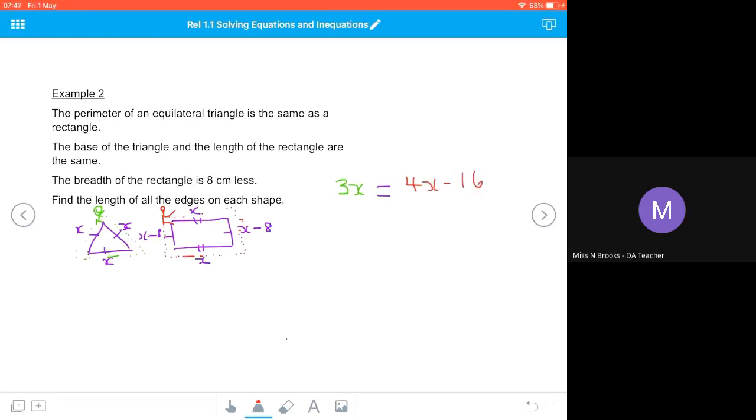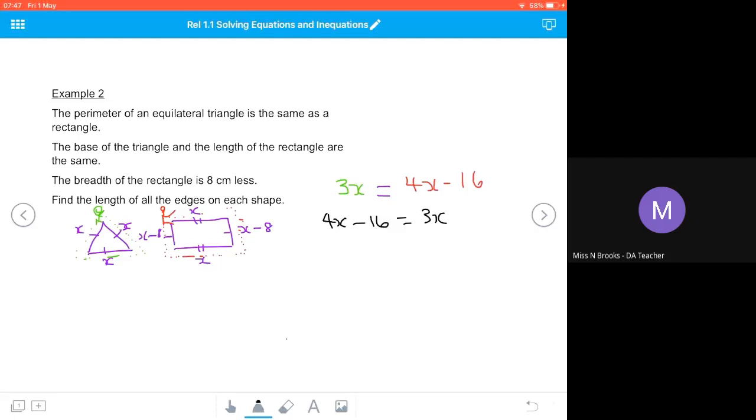Now you can see I've ended up with a bigger number of x's on the right hand side, and actually it's going to be easier to solve if I rewrite my equation with the bigger number of x's on the left hand side. So I'm going to write 4x minus 16 equals 3x.